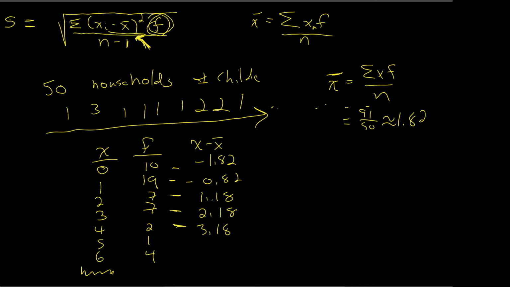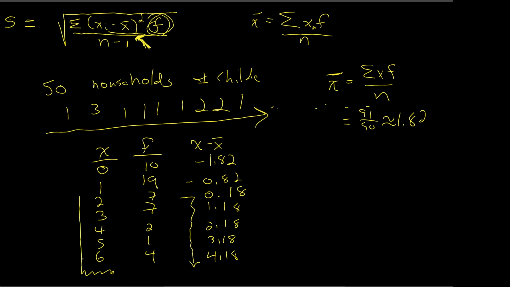Oh, I'm missing the positive one. Positive 0.18. Said it right, wrote it down wrong. 1.18, 2.18, 3.18, and 4.18. Notice these go up by 1 because my x values are going up by 1. And I can see where my mean is in here. So my deviation follows a nice pattern here.